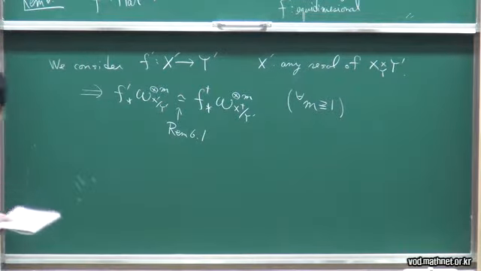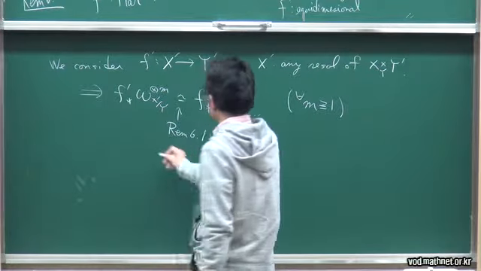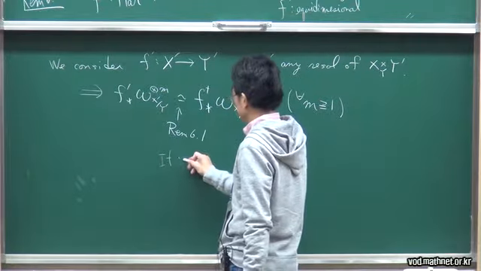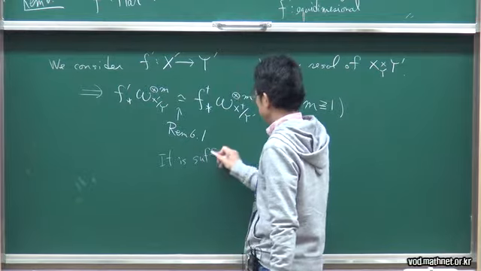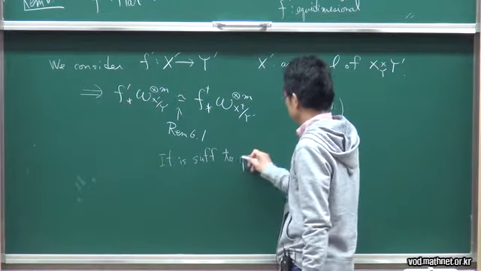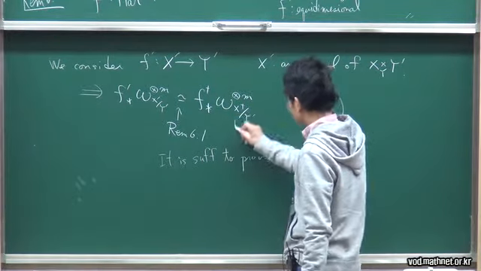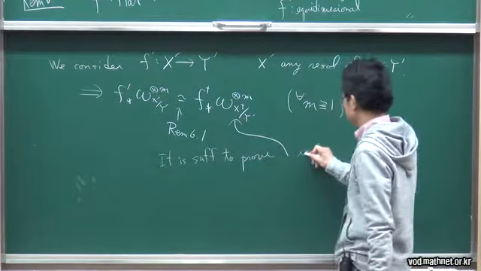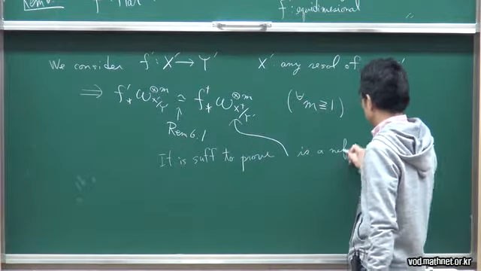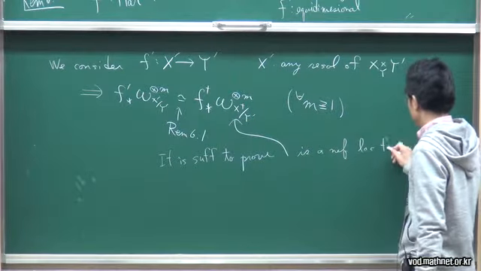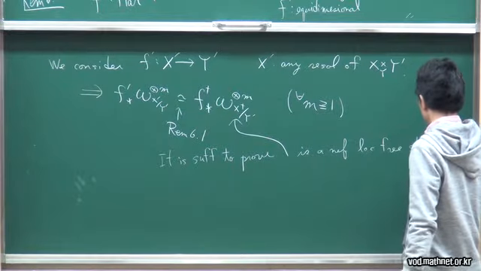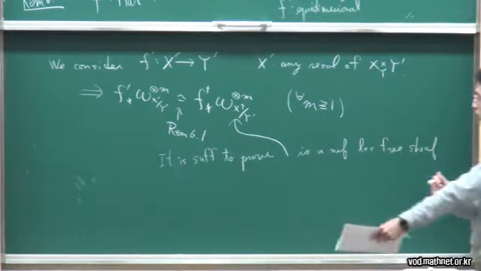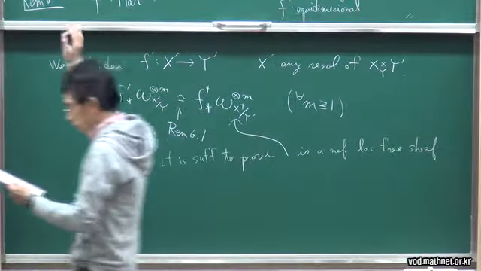So it is sufficient to prove this one is a nef locally free sheaf. So this is step 1.